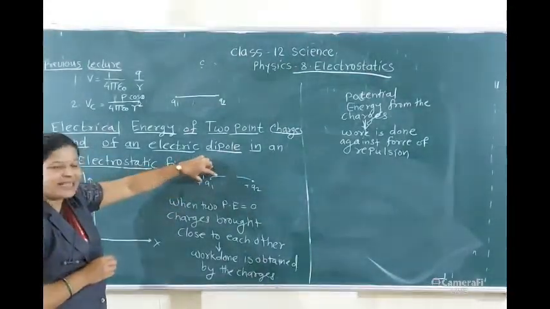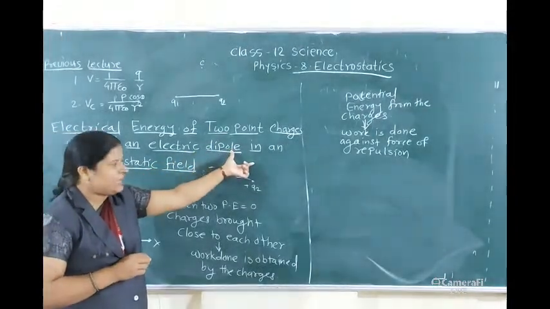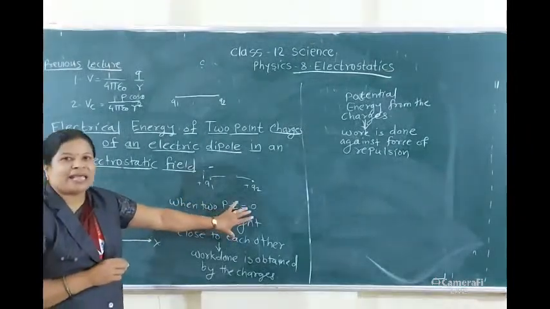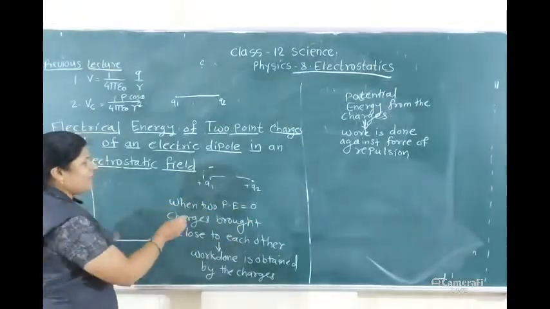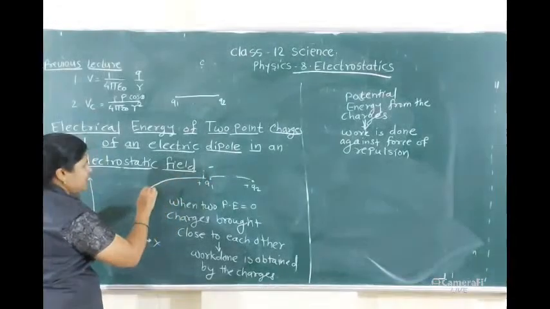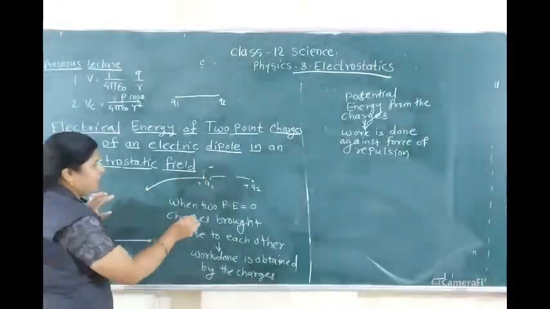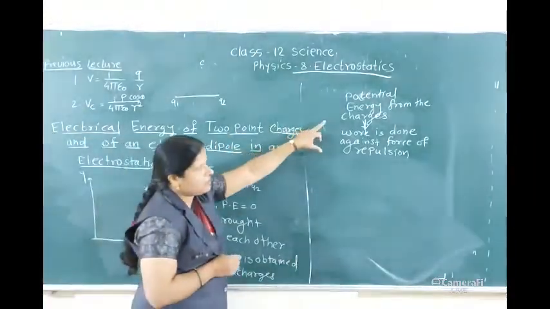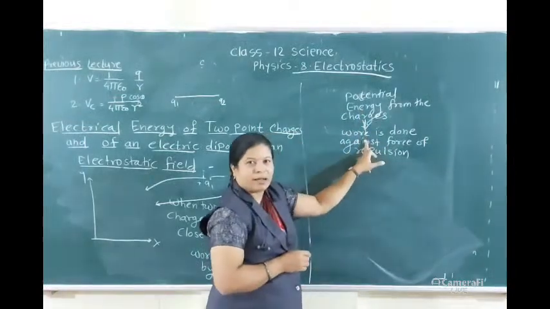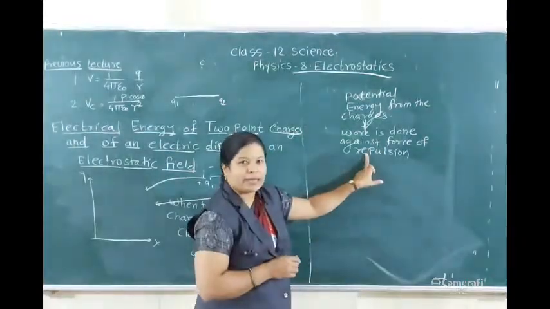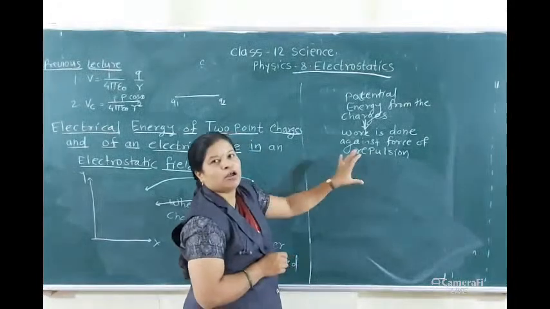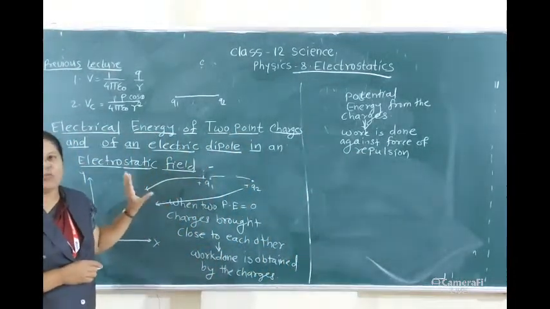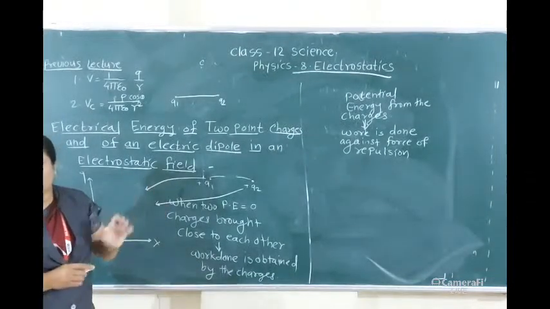So first, these two charges are at infinite distance, and due to infinity, we get potential energy as 0. But when these two charges are brought into that system, the work is done against the force of repulsion, and we get the potential energy of that electric system or electrostatic field.